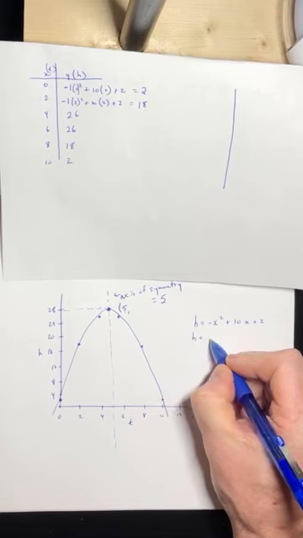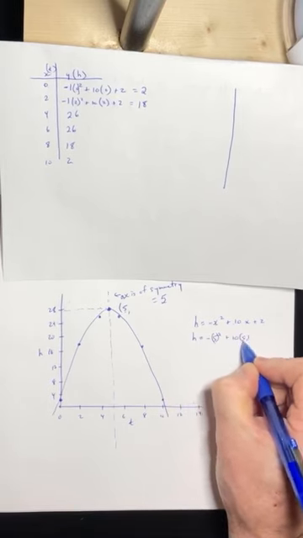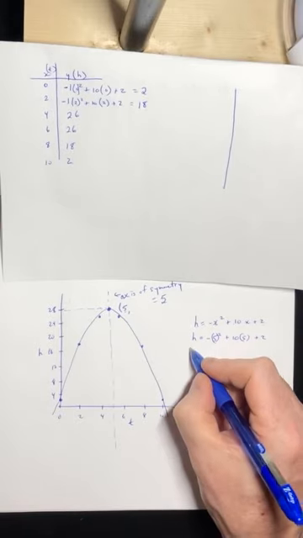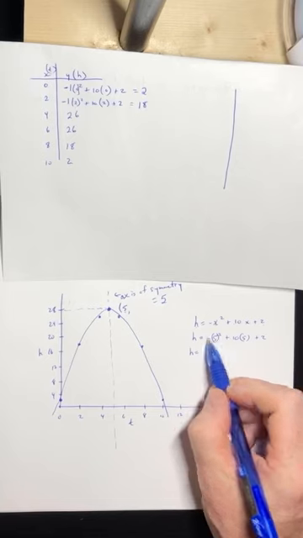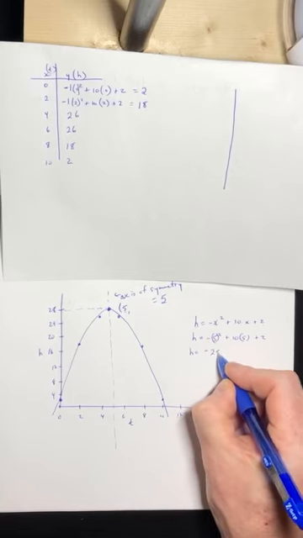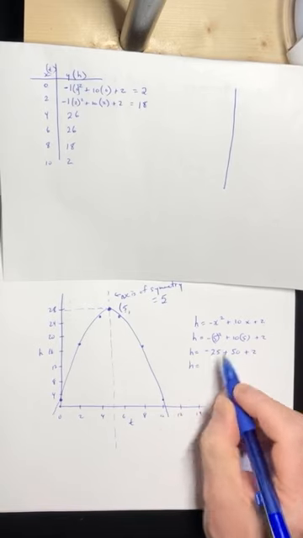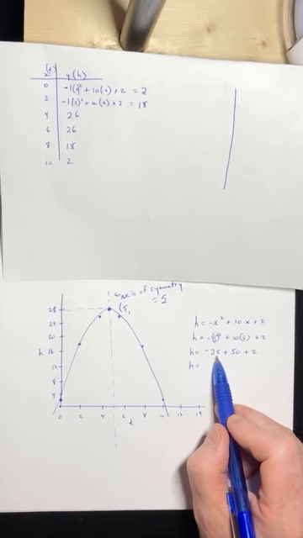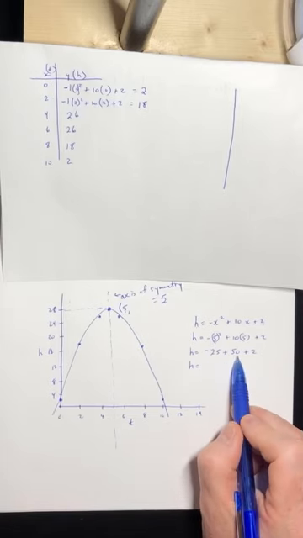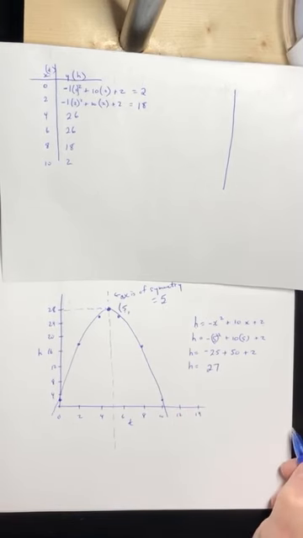So height is equal to negative 5 squared plus 10 times 5 plus 2. 5 squared is 25, and that's negative 25 plus 50 plus 2. Negative 25 plus 50 is positive 25 plus 2 is 27.